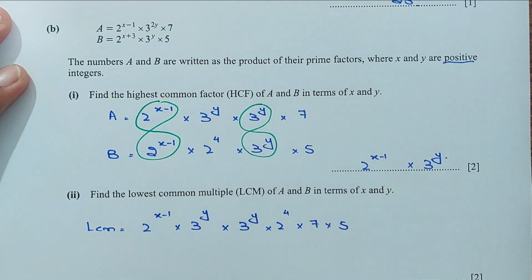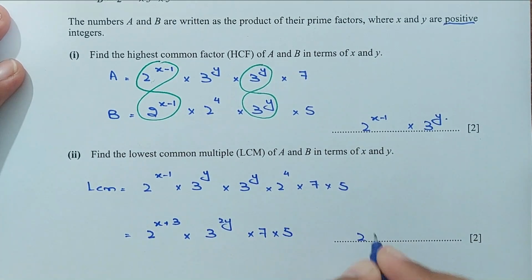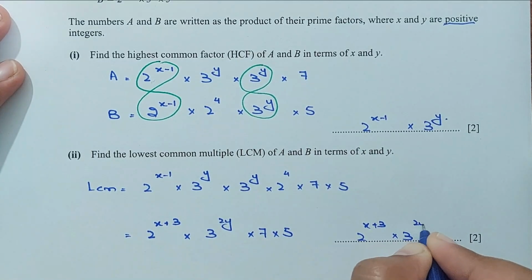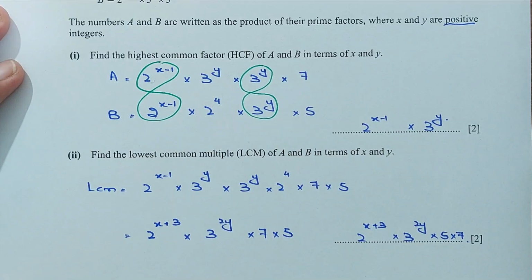So 2, its power is x minus 1 plus 4, so x plus 3, times 3 to the power 2y times 7 times 5. So 2 to the power x plus 3 times 3 to the power 2y times 5 times 7, that would be the LCM.